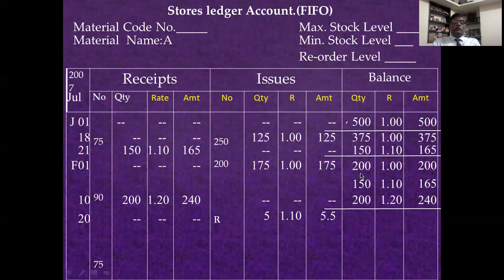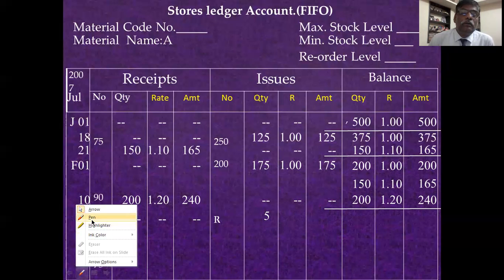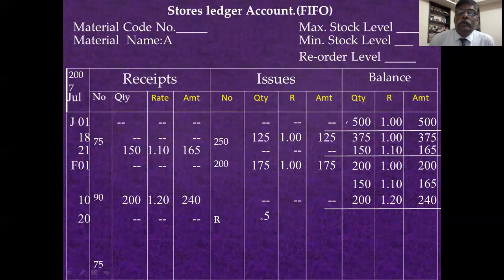Now you write the balance. This is to be taken on the basis of a clear picture. Once again, you see here 5 kg return to vendor. It is purchased on January 21st.